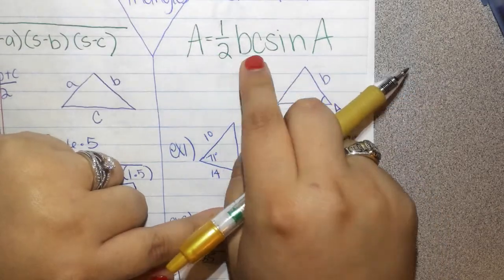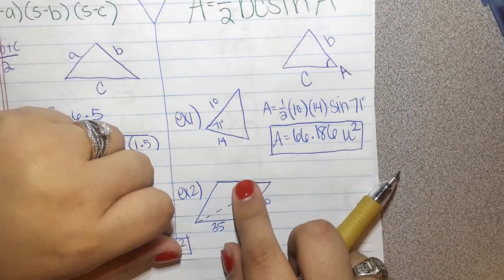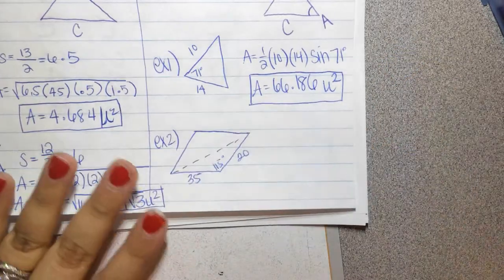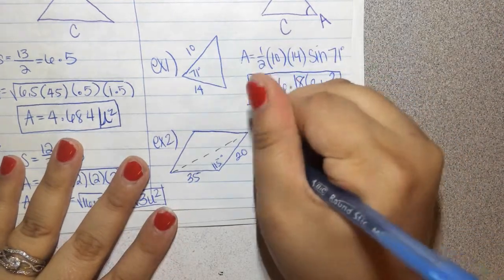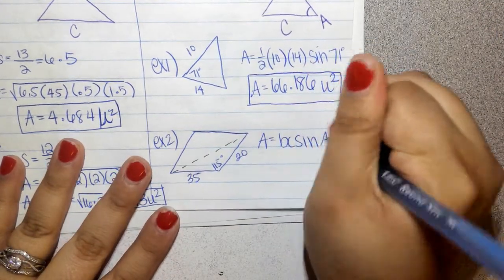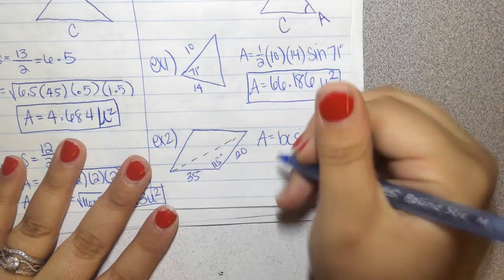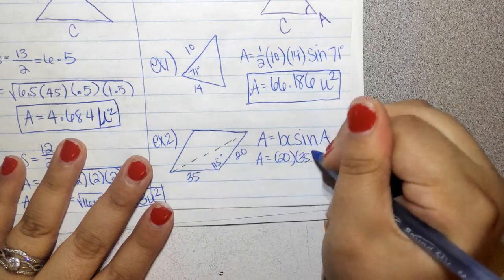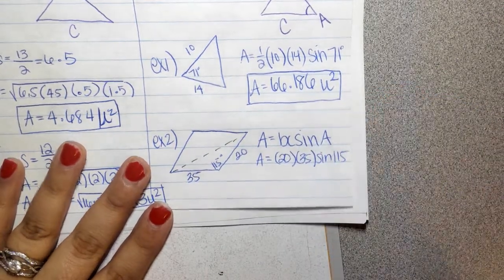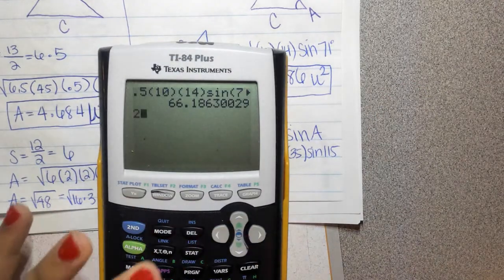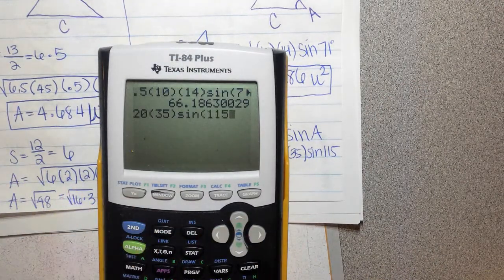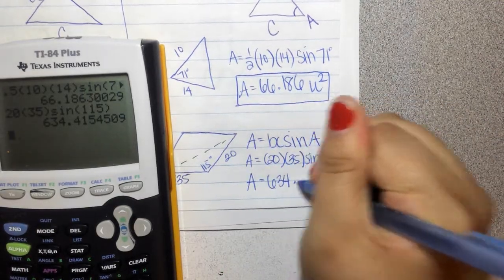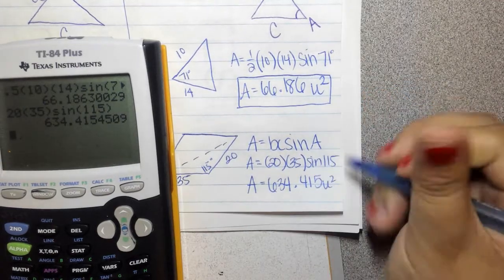And if my formula is 1/2 BC sine of A, but I have two triangles, couldn't I multiply this by 2? And wouldn't that get rid of my 1/2? So for a parallelogram, you would just do BC sine of A. No 1/2 because it's two triangles. What's one side? What's my other side? And then sine of the angle. So I'm just going to do that in my calculator. And I get the area is 634.415 units squared.